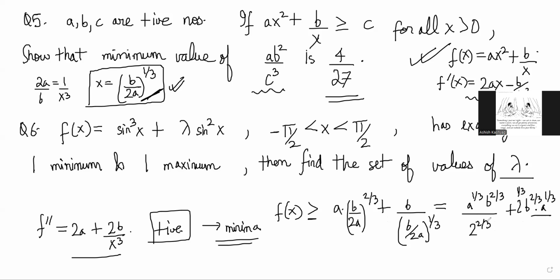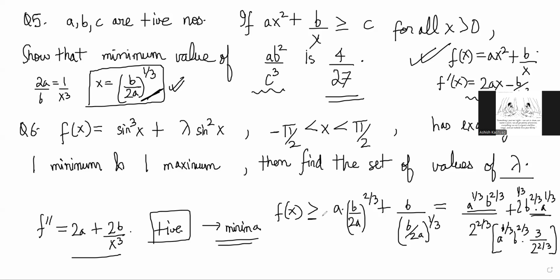So this stuff is common. You have A power 1 by 3, B power 2 by 3, and this is cube root of 2 plus 1, so 2 power 1 by 3 plus 1 by 2 power 2 by 3. If you take common denominator 2 power 2 by 3, on top you'll get 2 plus 1. So 3 by 2 power 2 by 3. This is what you're getting.